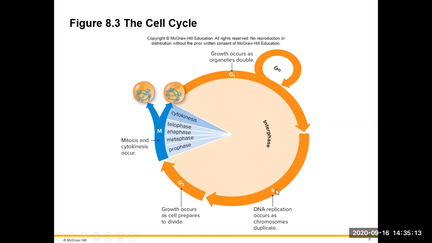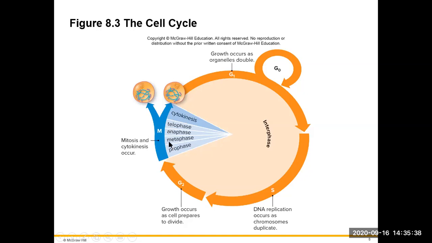During synthesis, the DNA is replicated. They will check if they have a proper number of chromosomes, and then it will go to G2. G2 is the point where you check if you have the right amount of resources to go through mitosis. When you go through mitosis, you have the PMAT, which is the prophase, metaphase, anaphase, telophase.